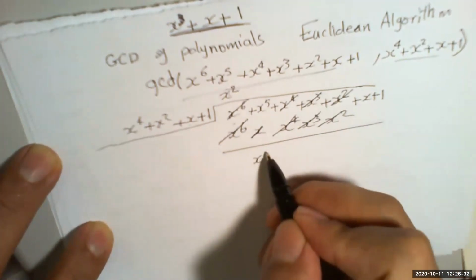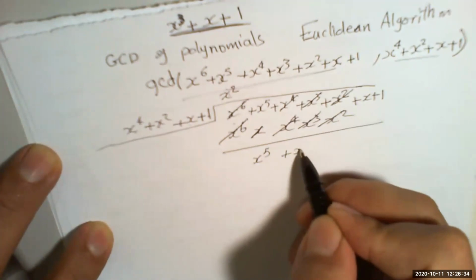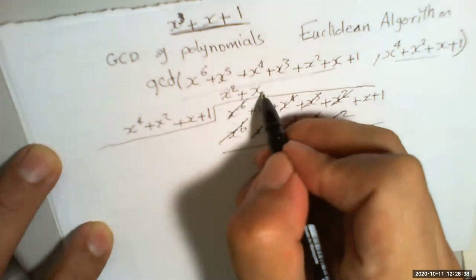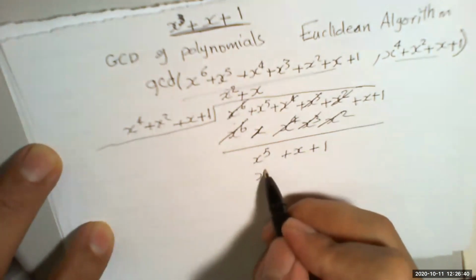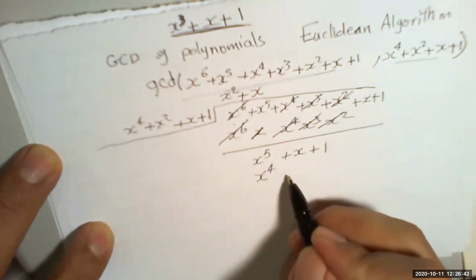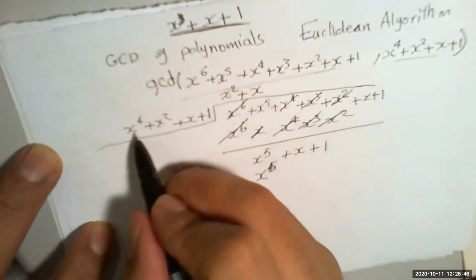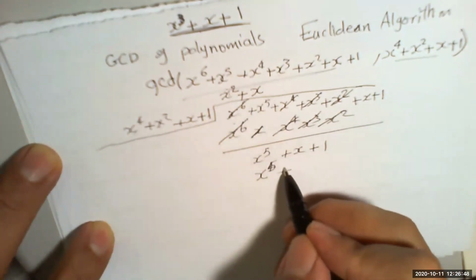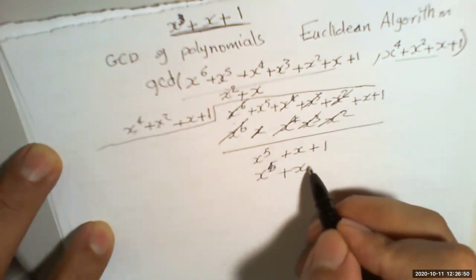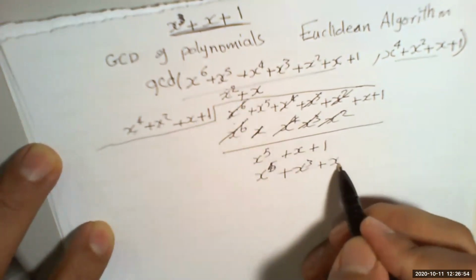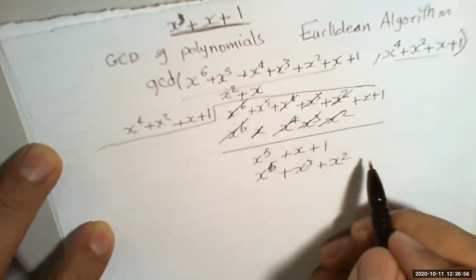Here we get x^5 + x + 1. I multiply by x here, so x times x^4 is x^5, plus x^3, and x^2, and x.